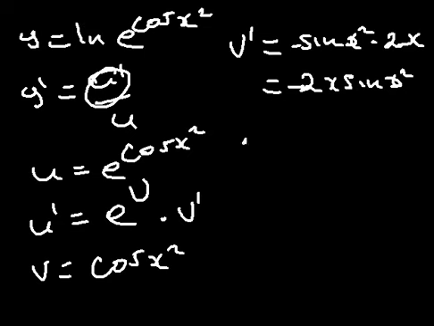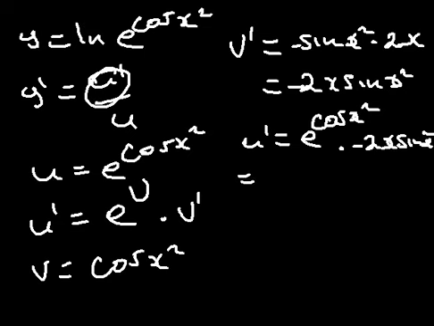So now the u prime will be given as e to the power cos x squared times negative 2x sine x squared. That is the same as negative 2x sine x squared e to the power cos x squared. So that is the u prime.